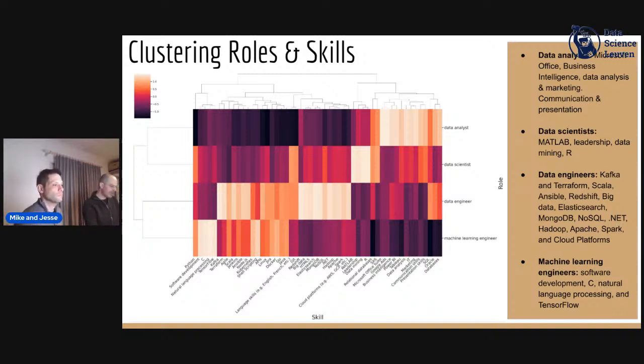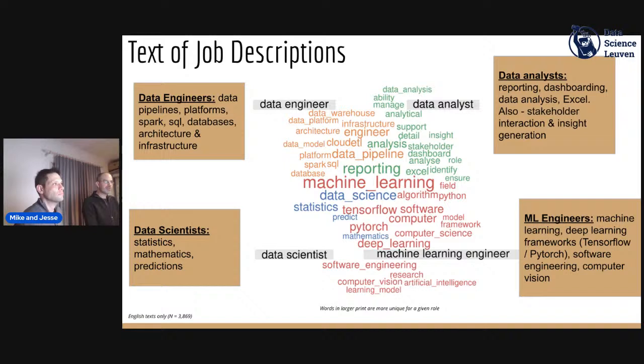And so you say, okay, well, maybe the text of the job ads, which is richer but less structured, tells a different story. And so that's what we're showing here on the next slide. So this is a word cloud. It's grouped by color. In the top left-hand quadrant, we see the data engineers in orange, then data analysts in the top right in green.